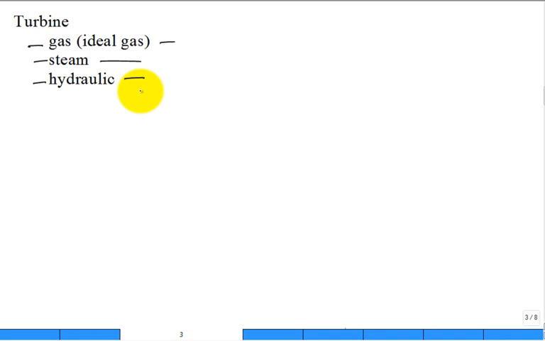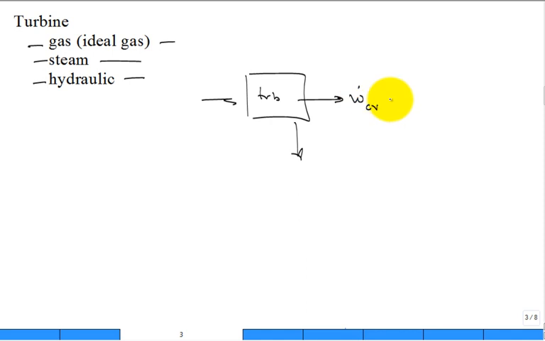All right. But in general, you just have a box called a turbine, and you have an inlet and outlet, and a lot of times we'll show W dot CV out of the turbine, or W dot T, depending on how you want to do the subscripts. And we do analysis for that turbine, inlet state 1, outlet state 2 of the fluid, and you write down the most general form of the first law, which we've done a couple of times.